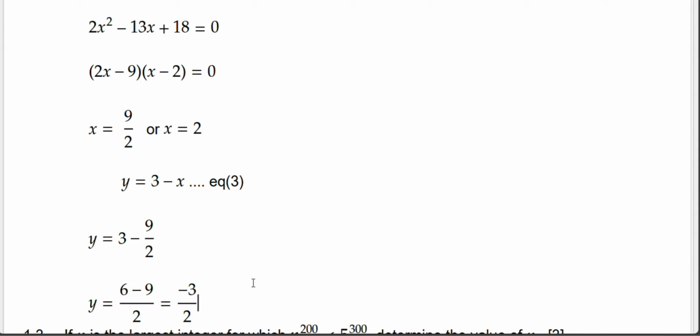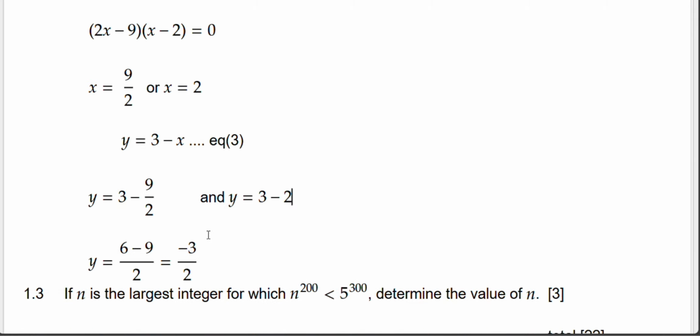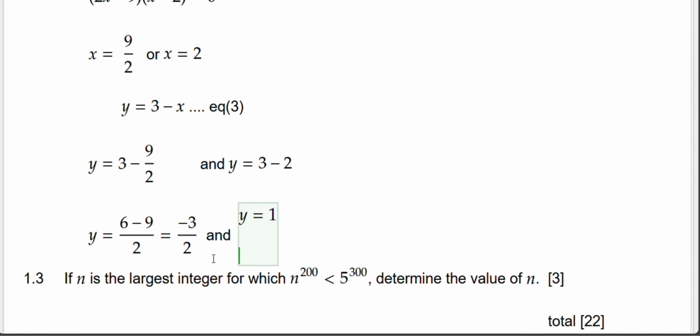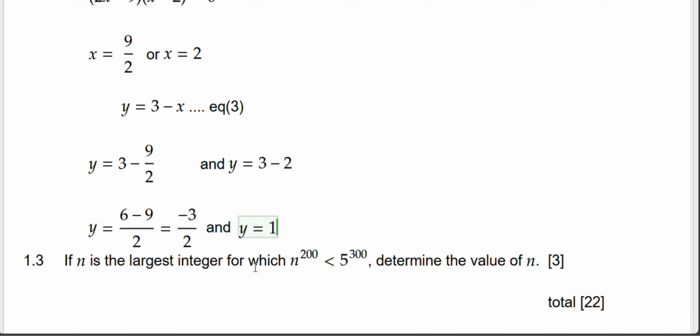Okay, so now we need to substitute the second value. So it's going to be, okay, let me write and. So it's going to be y is equal to 3 minus 2. So which is what? Let me put it here, and y is equal to 1.